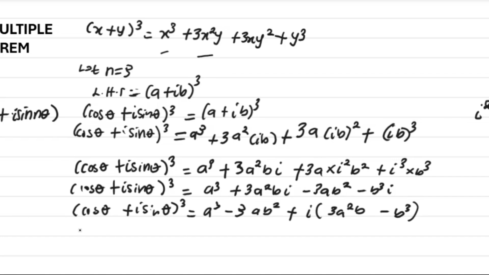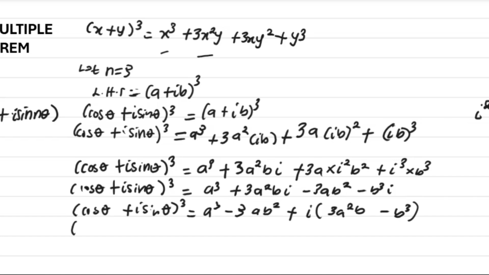So now, cos theta plus i sine theta raised to power 3, that is multiple powers, what we did earlier. Here the r value is 1. So this will just give us cos theta 1 plus theta 2 plus theta 3, but theta 1, theta 2, theta 3 are the same.